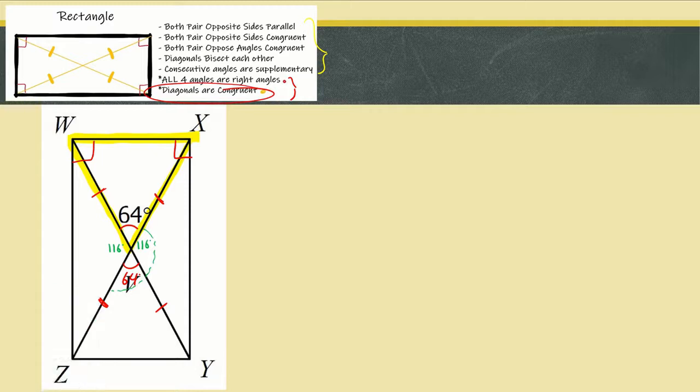And so that's telling me that these two angles here are going to be congruent to each other, right? So if they're congruent to each other, that means that whatever 180 minus 64 is, which is 116, that means 116 degrees is left between these two angles, and it has to be equally spread out, right? So we take our 116 and divide it by 2, and that tells us that in each angle we have exactly 58 degrees. So that's 58 and 58.